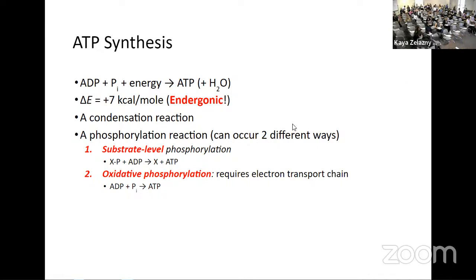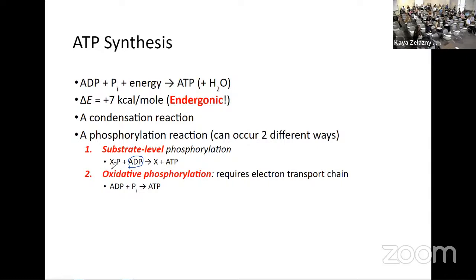So the first way that we can form that bond between the 2nd and 3rd phosphate groups in ATP is something called substrate level phosphorylation. In substrate level phosphorylation, we're going to see ADP, our adenosine diphosphate. That's our starter molecule that we want to tack on another phosphate to, so that's what we're trying to phosphorylate.